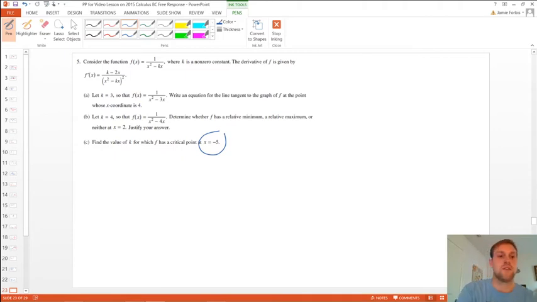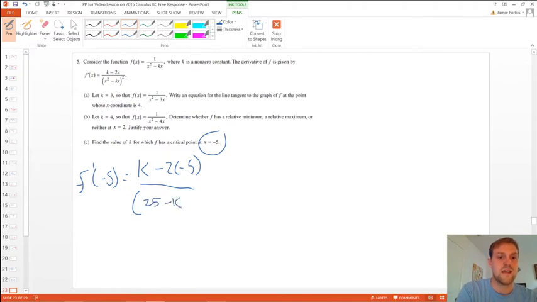So what I'm going to do is I'm going to say, all right, if I did f prime of negative 5, so if I plugged in negative 5 in for x, I would have k minus 2 times negative 5 over negative 5 squared, which is 25, minus k times negative 5 quantity squared. Okay, and that has to equal 0 in order to be a critical point.